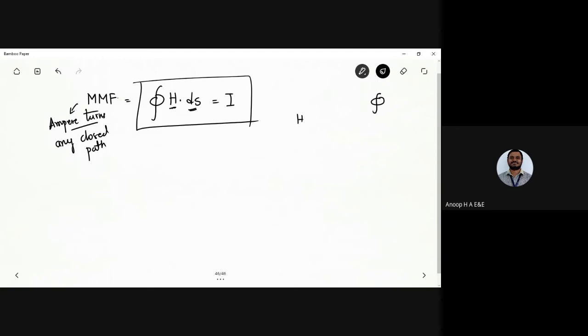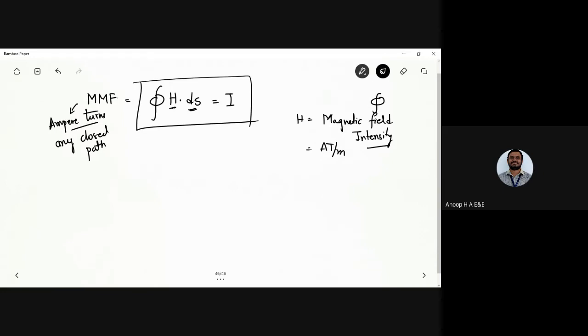H is the magnetic field intensity. I have this magnetic field intensity acting due to the internal flux alone, which is expressed in ampere turns per meter.